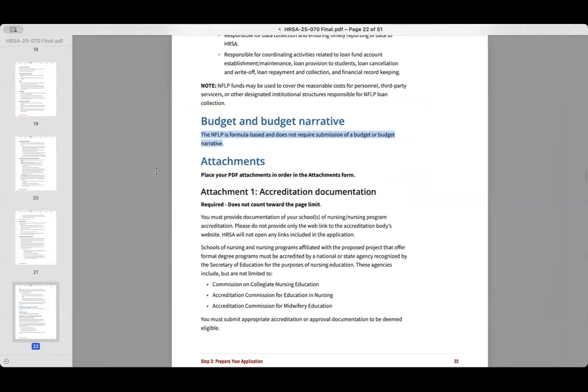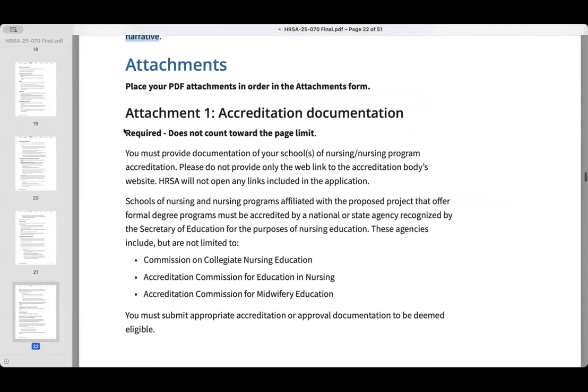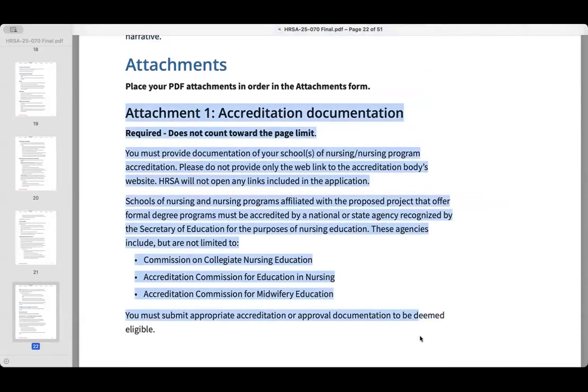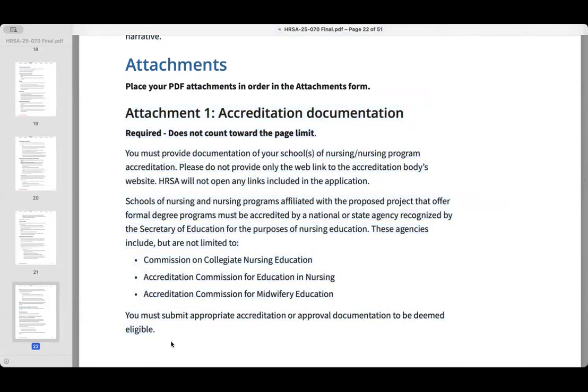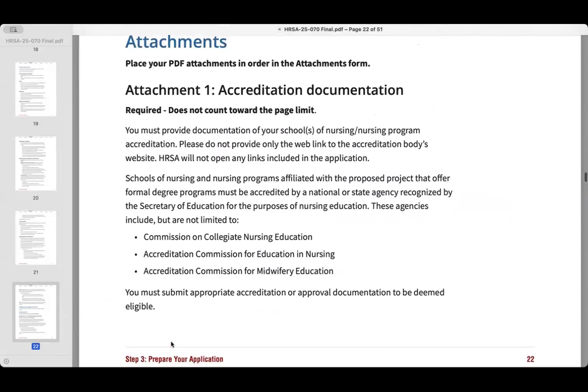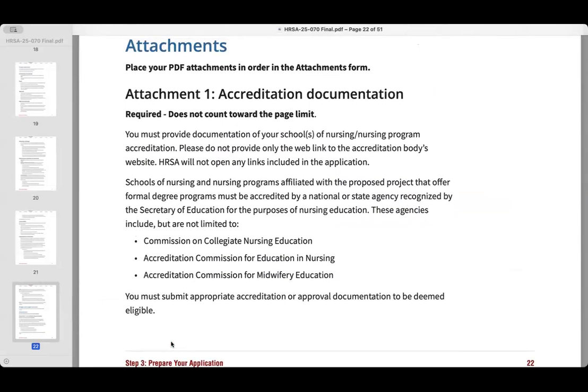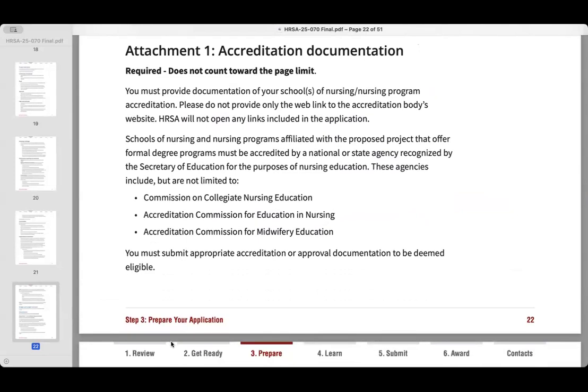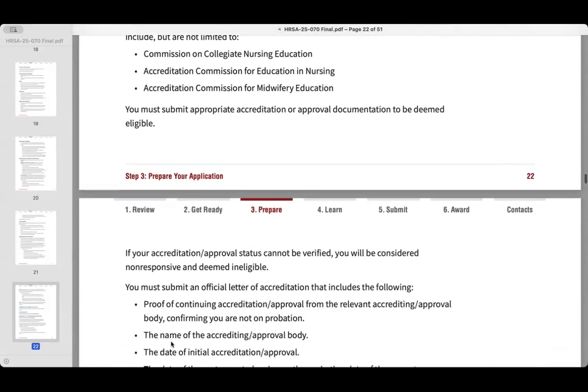All right, so required documents. Accreditation, not going to be a problem if your program is accredited, which is a prerequisite for applying to this. Great. Sometimes it does take time to dig up all the official paperwork. Again, that's going through another office, so start that early.